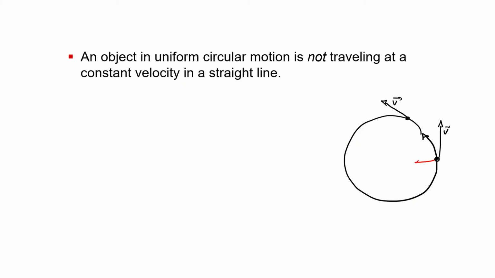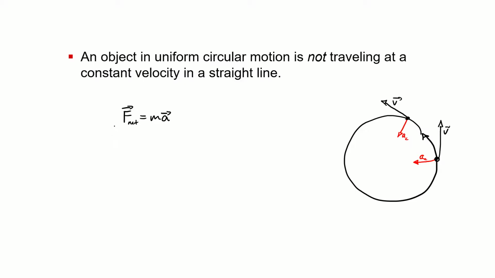We know it has some component of acceleration, the centripetal acceleration, towards the center of that circle as the object moves around. All right, so what does this all mean? Well, if we think about what we've been learning, we learned Newton's second law, which was the net force is equal to mass times acceleration, right?